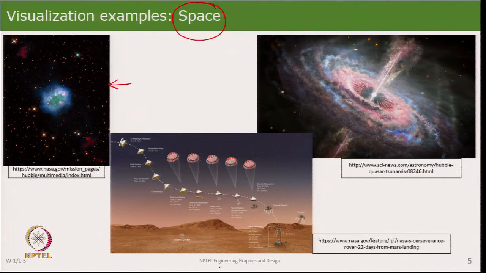There are colors, there is brightness, there is darkness, there are small spots, there are large spots. All of that conveys information for the scientist. And this is what all the telescopes looking out into space do.